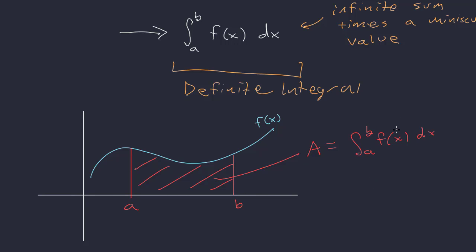Now, I want you to sort of visualize what this is. This is like the base, and this is the height, right? Because we have a very small dx and a height that is given to us by f of x, okay? And that is what our infinite sum is.